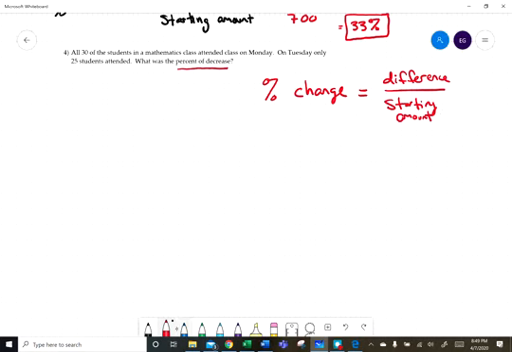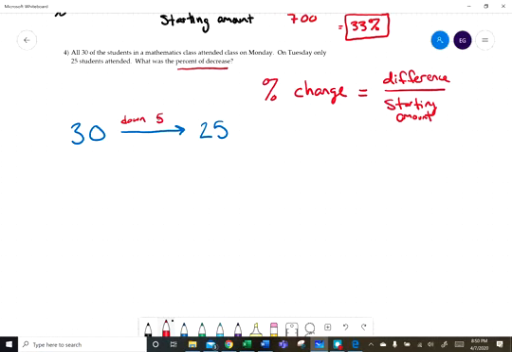Okay, so let's see. All 30 students in a mathematics class attended class on Monday. On Tuesday, only 25 of them attended. Okay, so we went from 30 down to 25, and so the difference, or the change, was down 5.